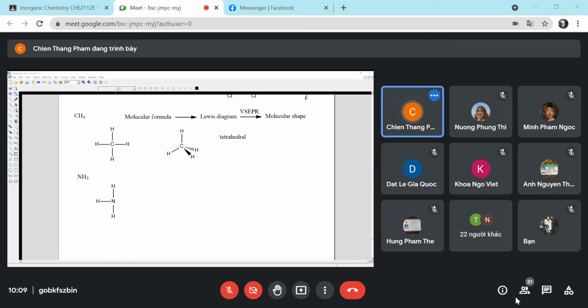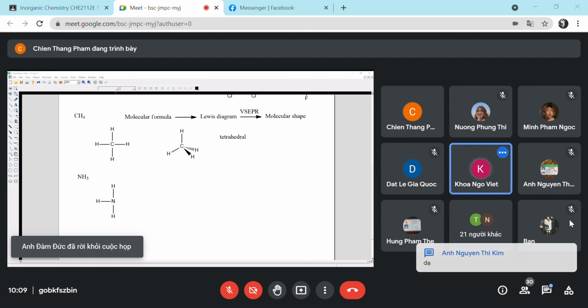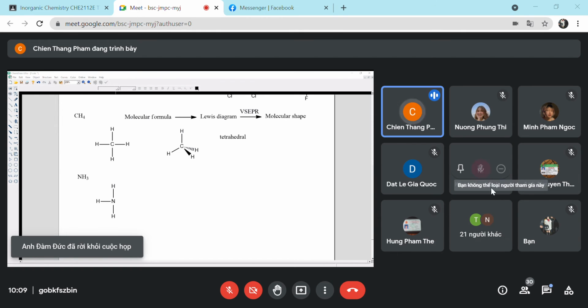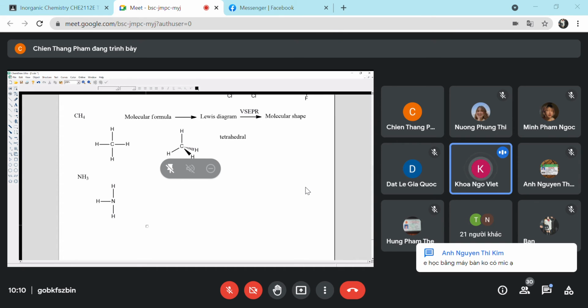Việt Khoa. Việt Khoa. Yes, I'm here. Okay, so this one is the correct answer. This one is correct Lewis diagrams, or should we add anything into this one to correct the Lewis structures here? This one is correct or incorrect structures? I think it's incorrect because it lacks one pair of electrons. In which items?